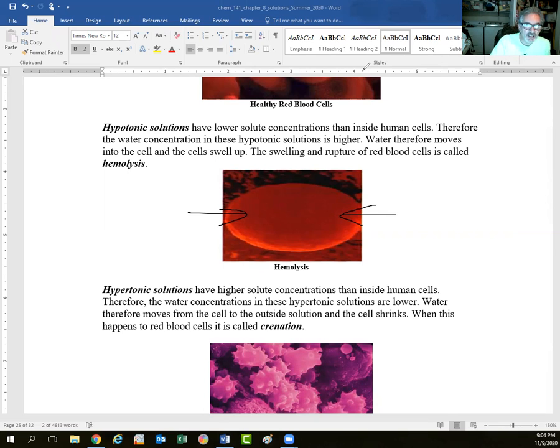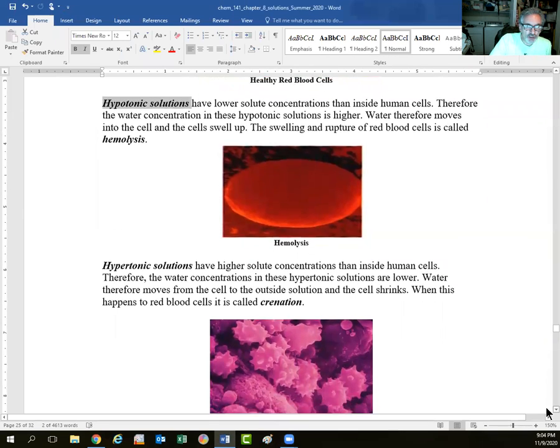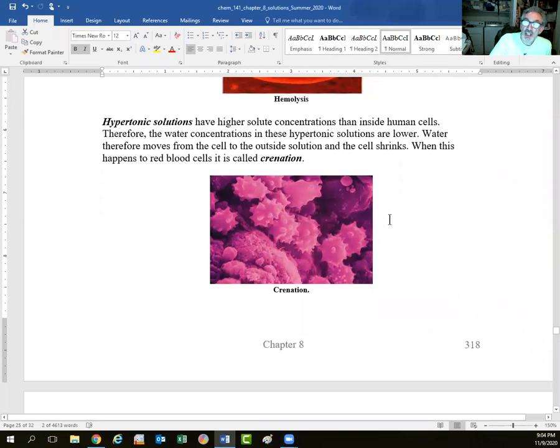Now, on the other hand, we could accidentally administer a solution which is hypertonic. It's low in water concentration because it's high in solutes. Think of a simple solute like sugar. If your kids have got too much sugar in their drinks, then they're going to be hyper during the day.